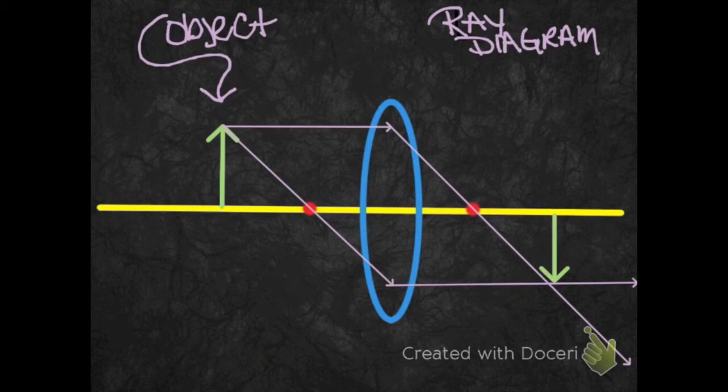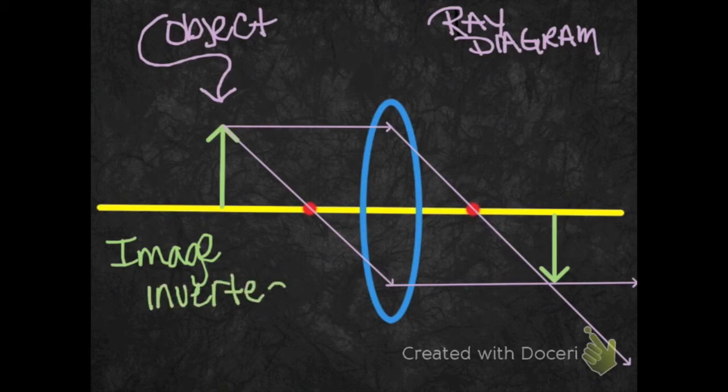So if we look at this, we can tell our image is going to be inverted, which means upside down. It is going to be a real image, meaning that it looks like it's behind the lens.